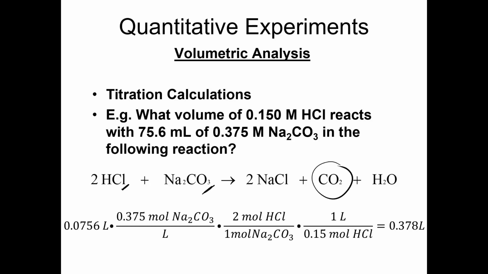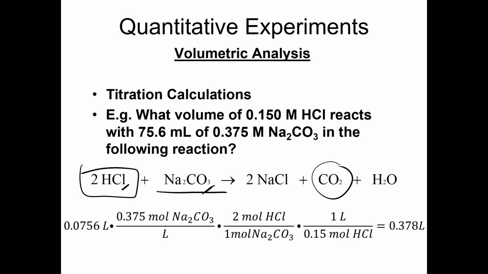What volume of 0.15 molar HCl reacts with 75.6 milliliters of 0.375 molar sodium carbonate in the following reaction? So you need to realize that based on this balanced reaction, it takes 2 moles of HCl for every 1 mole of sodium carbonate.